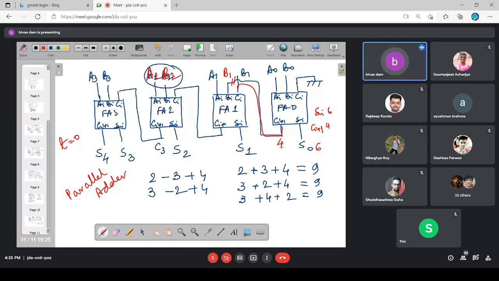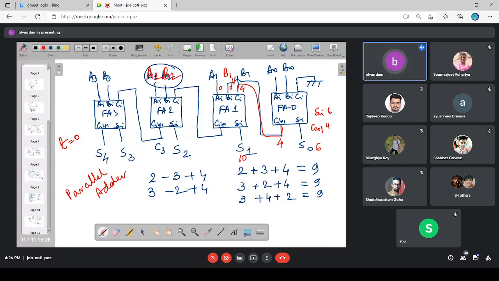Now tell me, after how much time will S1 be available? 10 nanoseconds. Because 4 you require here; here it is coming at the 0th nanosecond, here also at the 0th nanosecond, and here at the 4th nanosecond. Remember, S1 is always available with some value, but the steady value of S1 will be available after 10 nanoseconds.